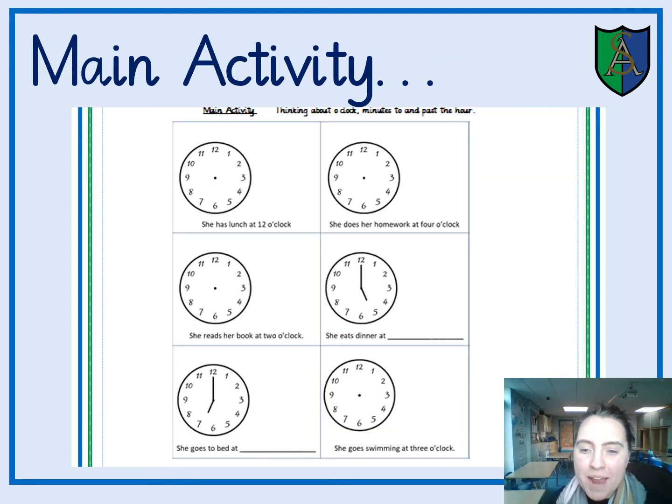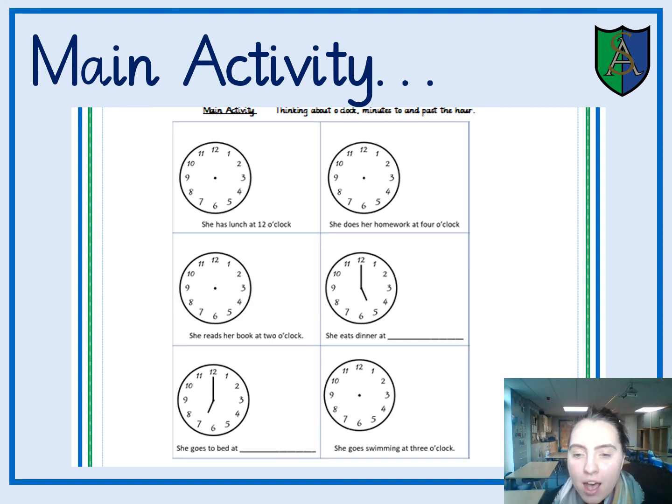Okay, children, I'm now going to explain your main activity for today. Now, myself and Miss Buckley realised that some of you were finding time incredibly difficult, okay? So what we've done is we've taken it back a step, okay? So what we would like you to do today is we just want to check that everybody understands the idea of o'clock first of all, okay?